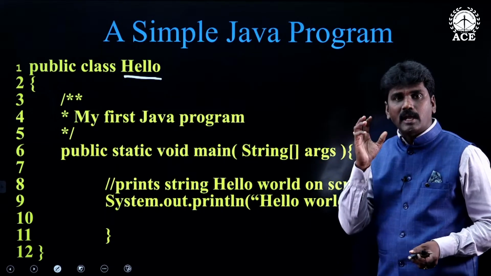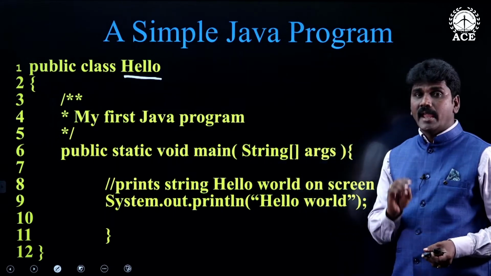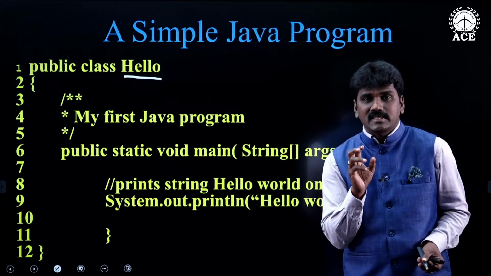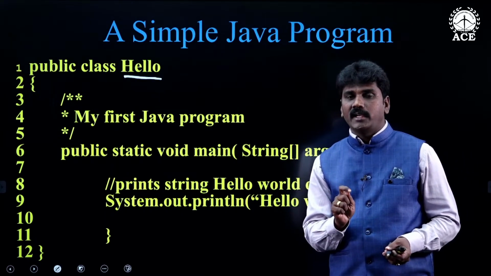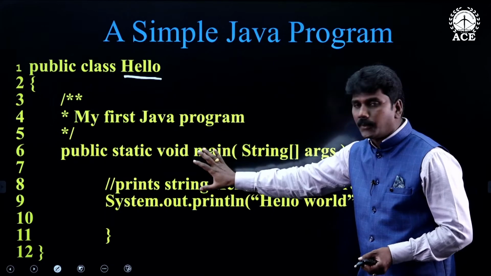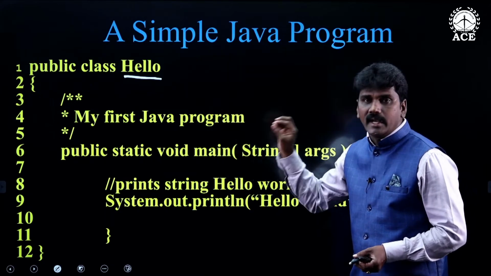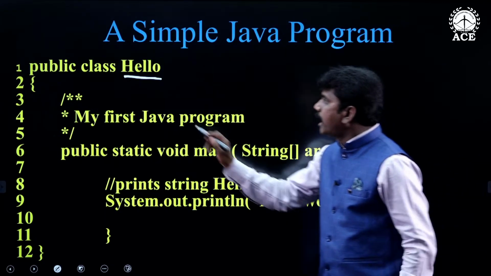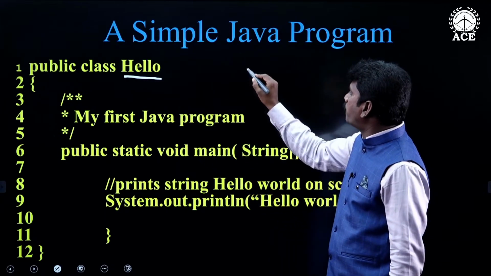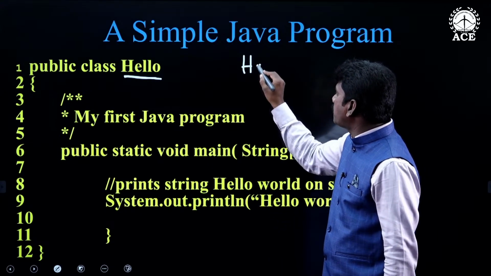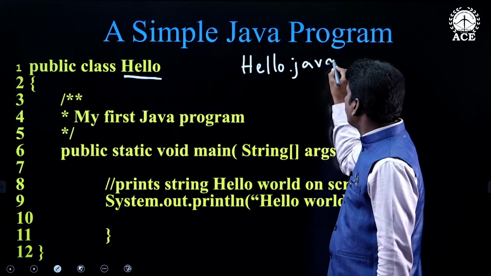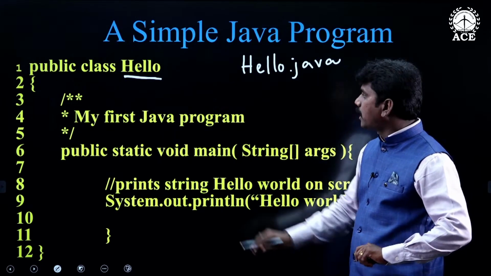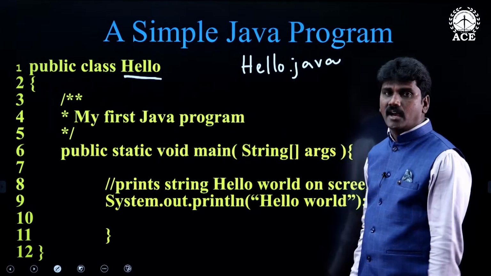If you would like to compile and execute this program, as we discussed while discussing the JVM architecture, whenever we have a program, it will have a name. For example, I would like to save this program with the name hello.java.